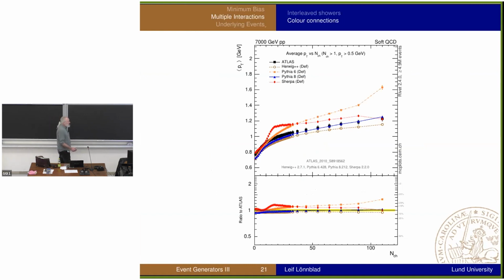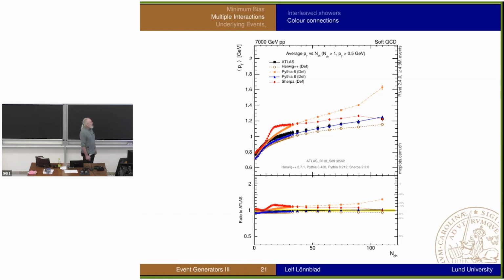I don't like this picture, but it's what people like to measure. You look at each event, you take the number of charged particles in that event, and you measure the average PT of charged particles.